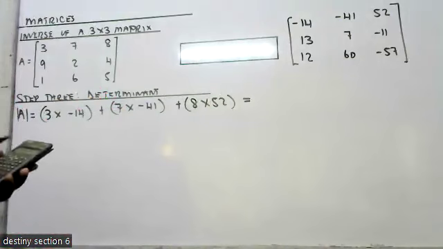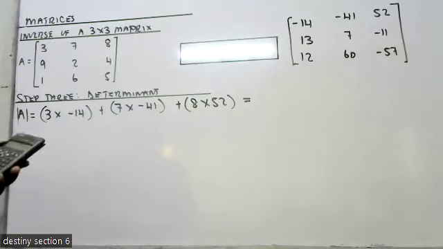So 3 times minus 14 plus 7 times minus 41 plus 8 times 52. Tell me the answer.